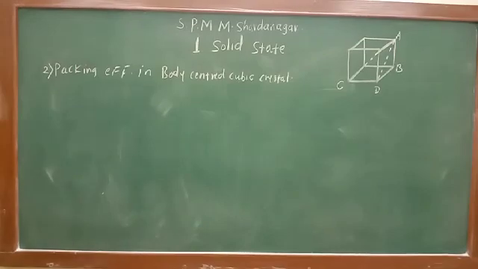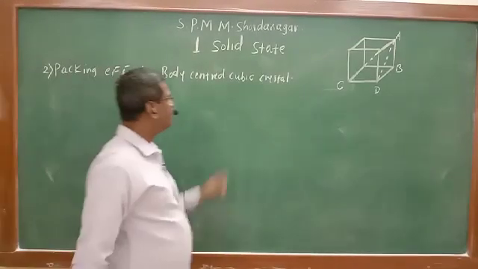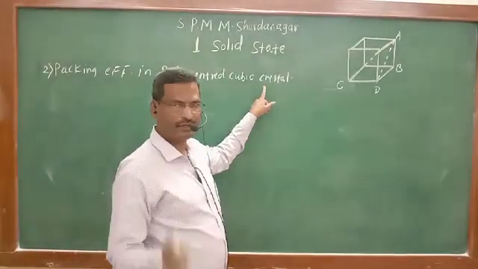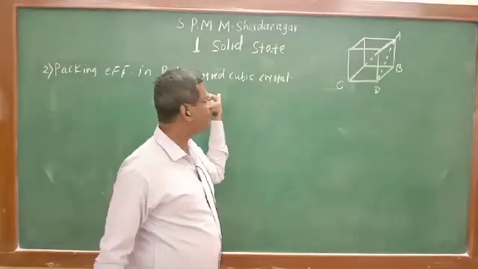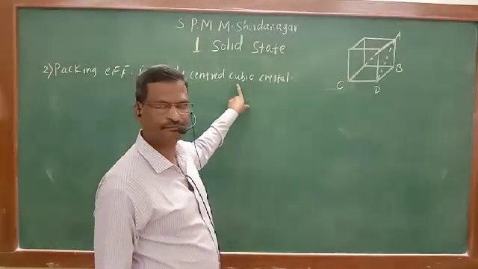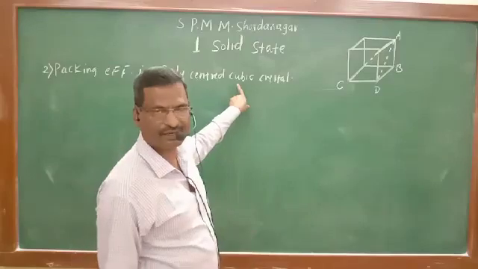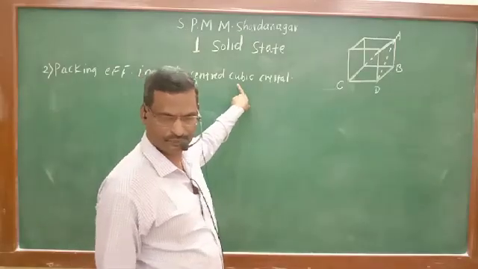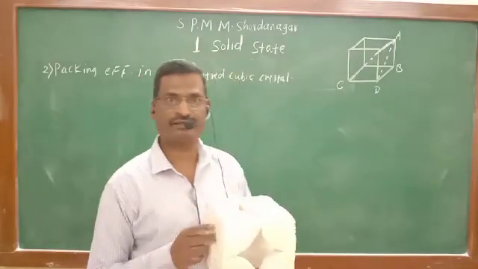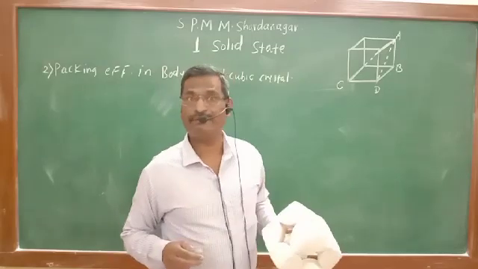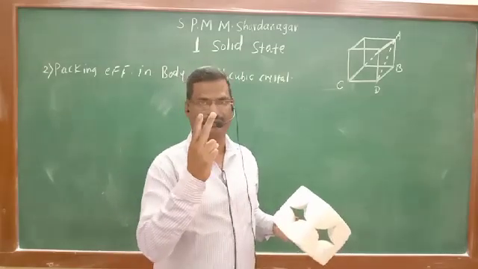Now see here, packing efficiency in body centered cubic crystal, not face centered, body centered cubic crystal. How is body centered cubic crystal obtained? We know, in the body centered cubic crystal, how many particles are present in total? 2 particles.